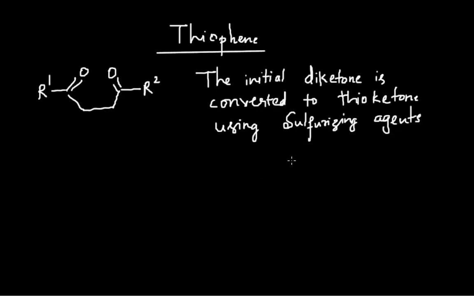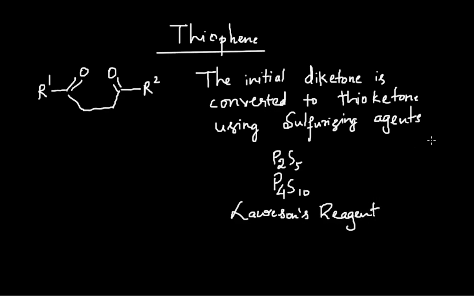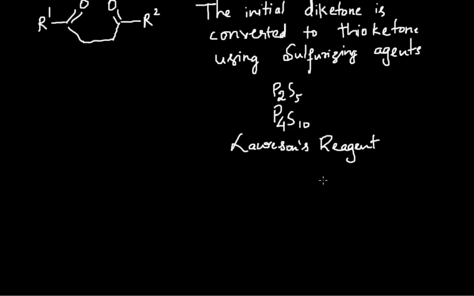It could be P2S5 or P4S10. These are all sulfurizing agents, and there's something called Lawesson's reagent. So this is your Lawesson's reagent.